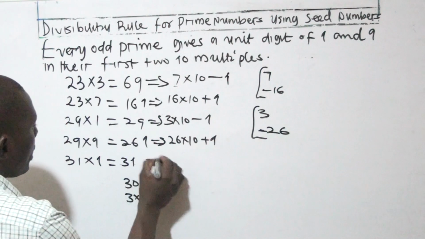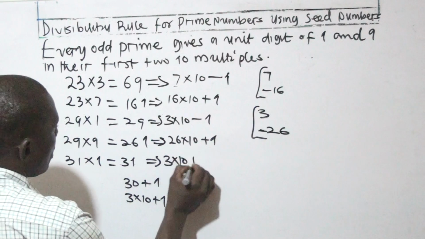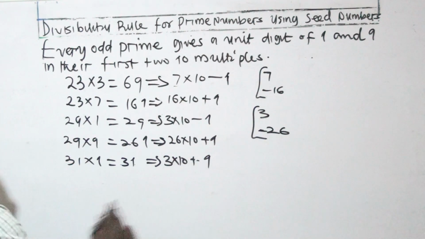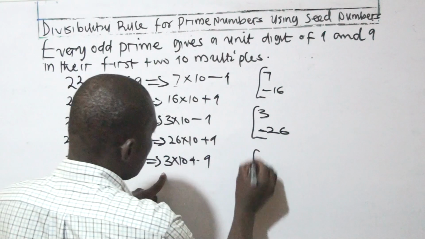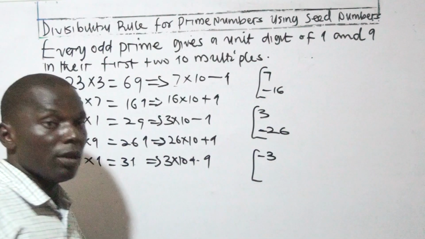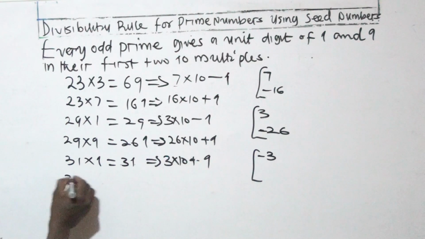So here we replace 31 with 3 times 10 plus 1. Our seed number is 3, and because here is plus 1, the seed number will become minus 3. One of the seed numbers for this is minus 3.